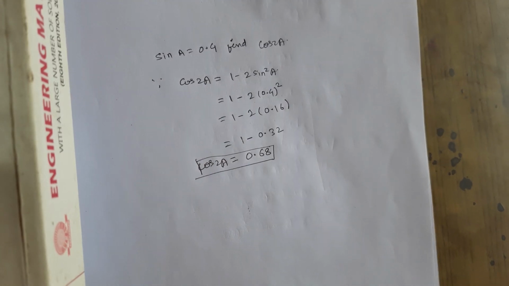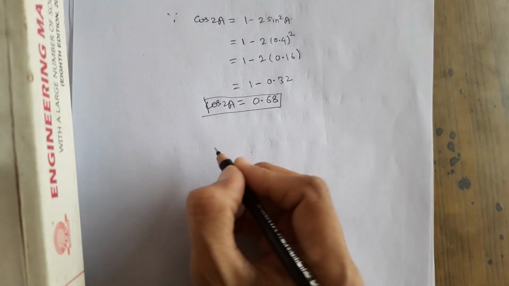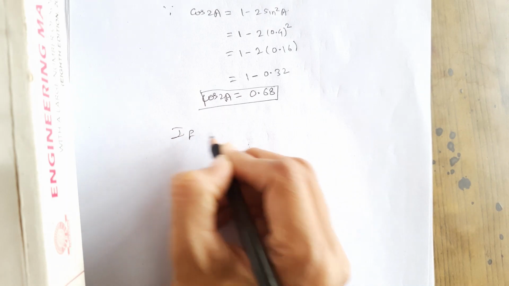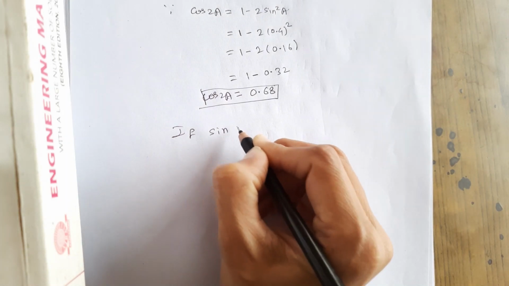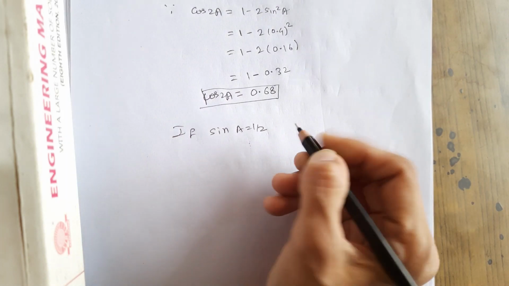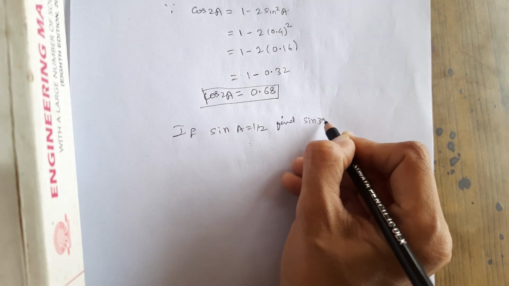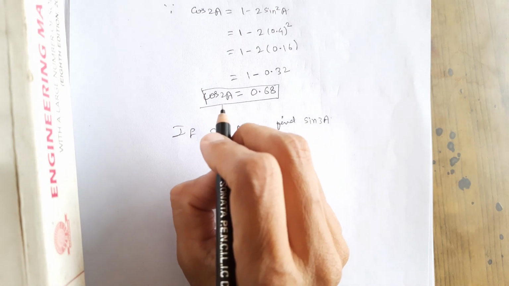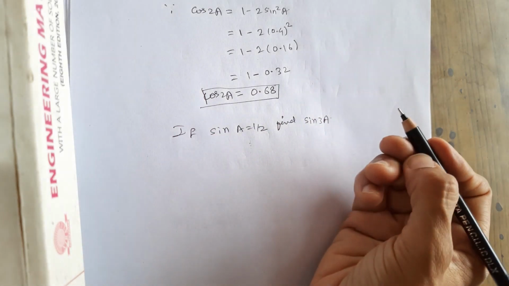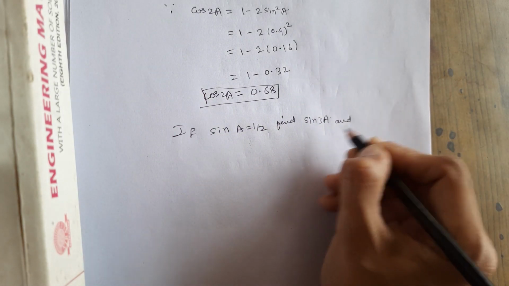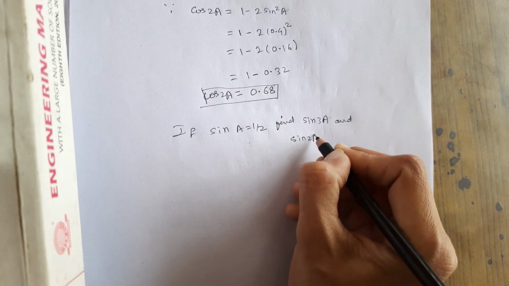Now suppose sin a equals 1 by 2, I want you to find sin 3a and sin 2a.